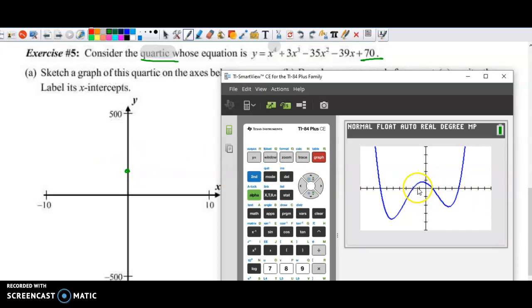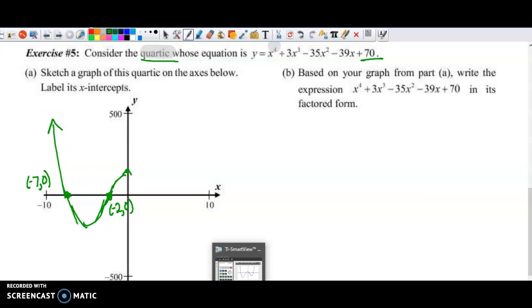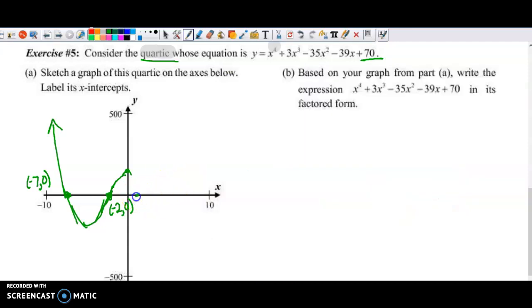But I think you can pretty clearly tell that we have -7, -2, and then 1 and 5. I'm more worried about the x-intercepts right now. That's why I'm not stressing out too much about how low or how high this graph goes. So 1, and we'll put 5 about right there.